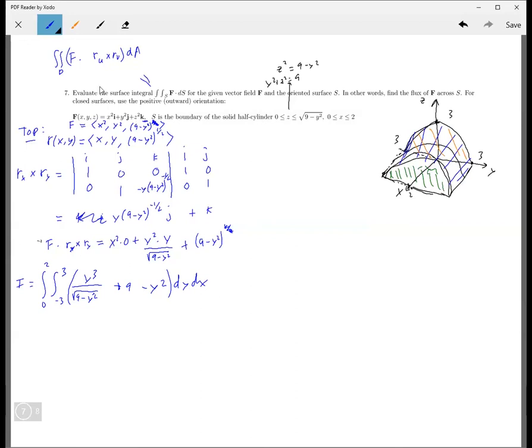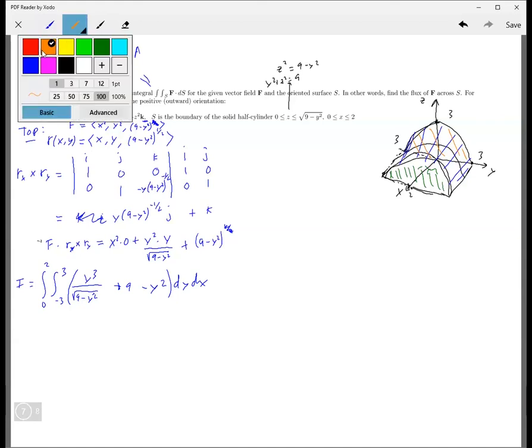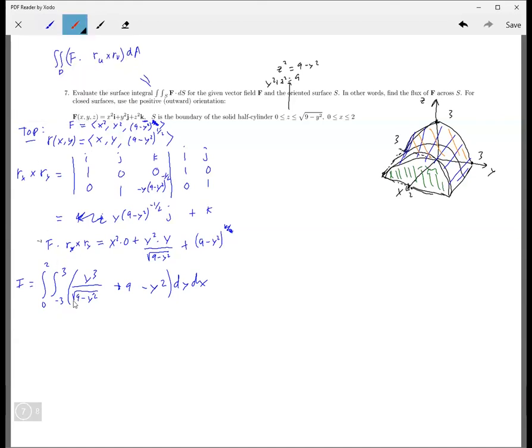Now, out of these three terms, if I said you could snap your fingers and get rid of one of them, which would you get rid of? The first one, right? Yeah. Come on, you guys. Yeah, this is the worst one. That's going to be 0.